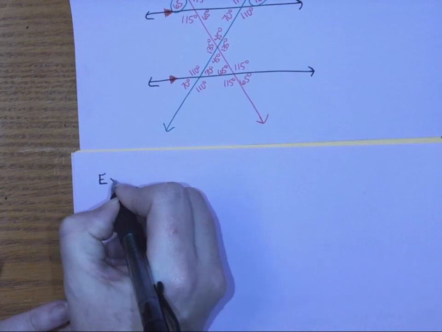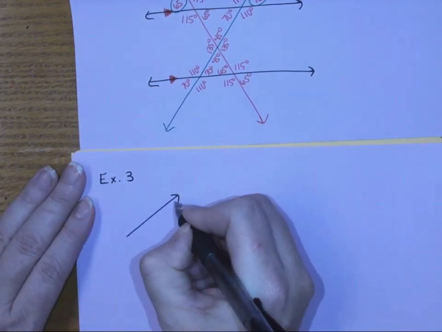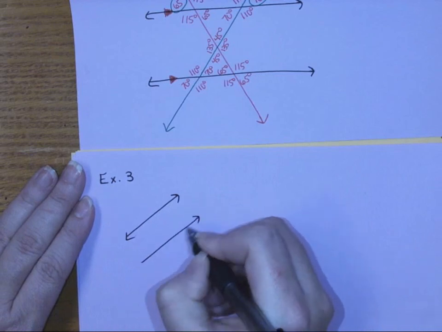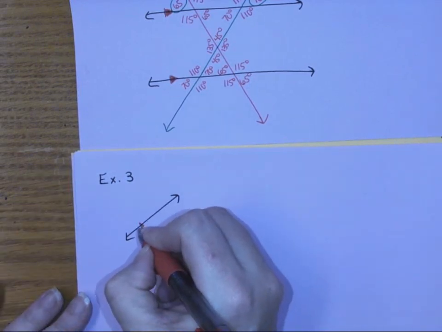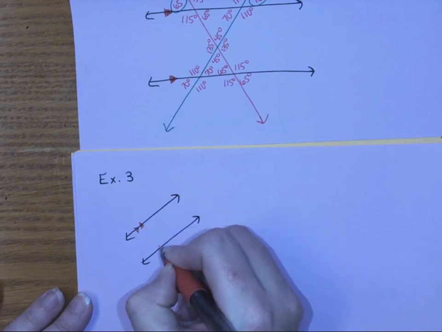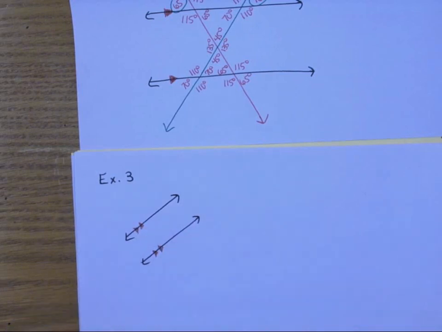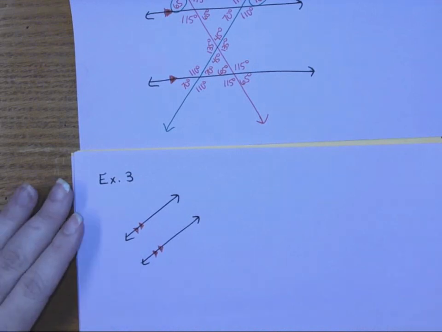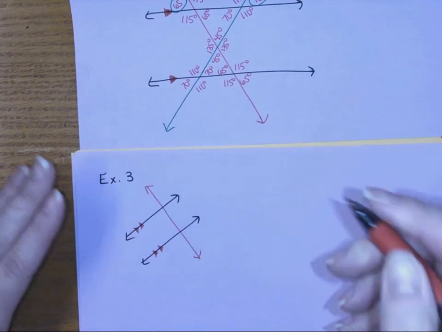Let's say that this is what you're given: 2 parallel lines. Notice I'm telling you they're parallel by saying they have matching triangles. That means they're parallel. And then we're going to draw a line through them.